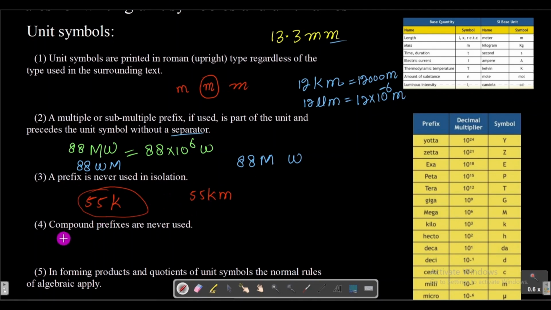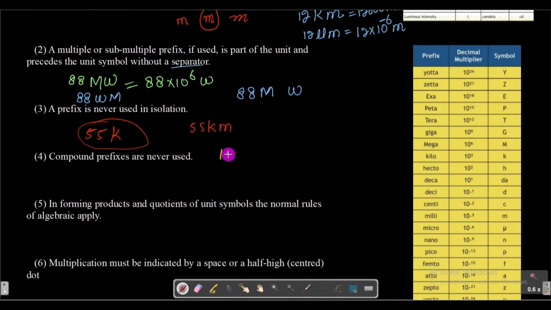Similarly, the fourth one says that compound prefixes are never used. Take 100 nanometer, and from the table, this nano is equal to 10 power minus 9. It means that it is equal to 100, and instead of this nano we will put 10 power minus 9 meter. Similarly, for this 100 multiplied by 10 power, instead of this minus 9, I will put minus 3 and 10 power minus 6.